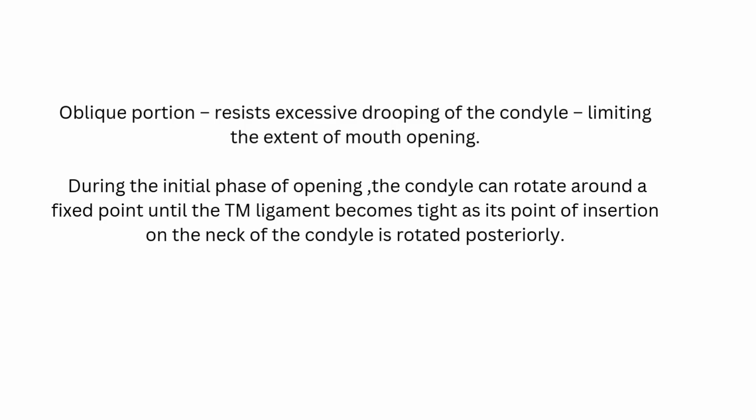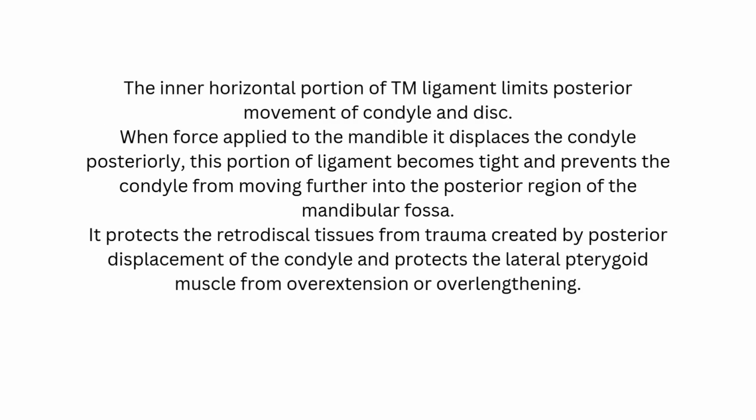So during the initial phase of mouth opening, the condyle rotates at a fixed point until the temporomandibular ligament becomes tight at the point of insertion at the neck of the condyle and is rotated posteriorly. Okay, the inner horizontal portion limits posterior movement of the condyle and disc.